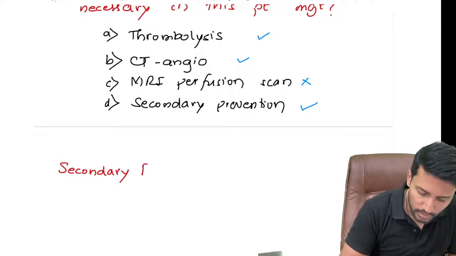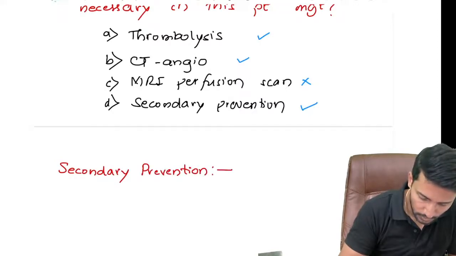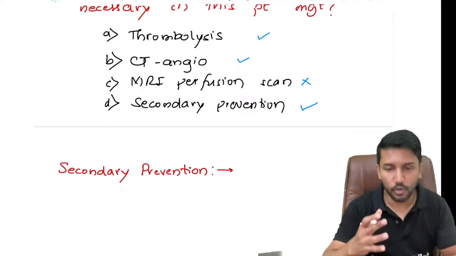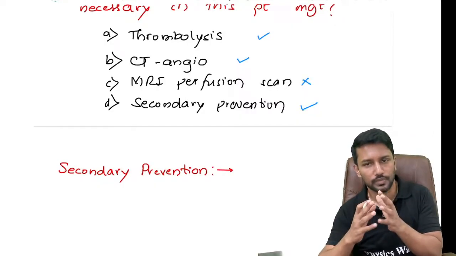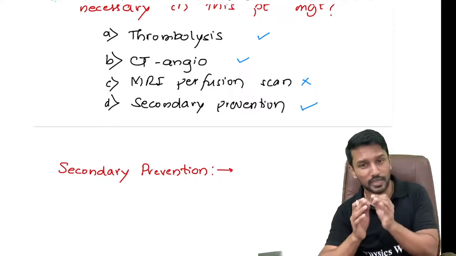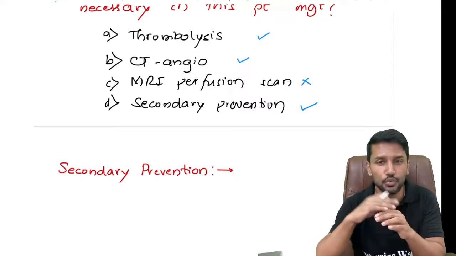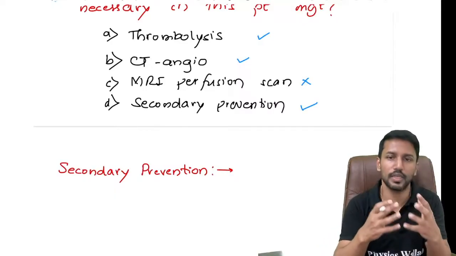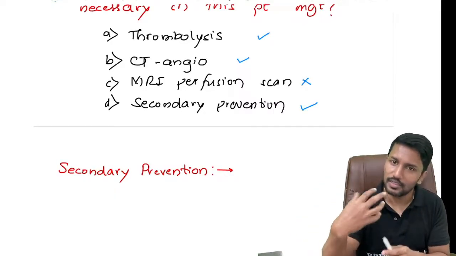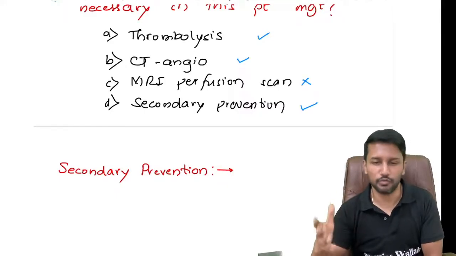Okay, now how can we do secondary prevention? Two factors are playing an important role in the stroke. One is development of atheromatous plaque, and then the atheromatous plaque getting injured, resulting in endothelial injury. And जब भी endothelial injury होता है तो platelets आके चिपक जाते हैं, what we call as platelet plug formation.